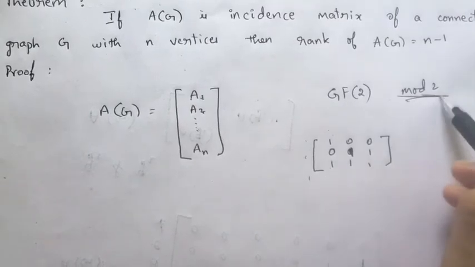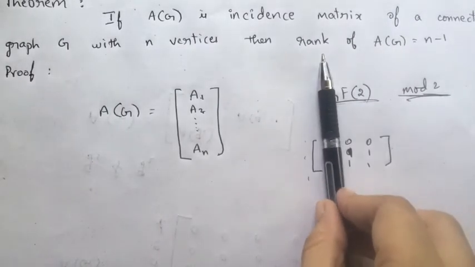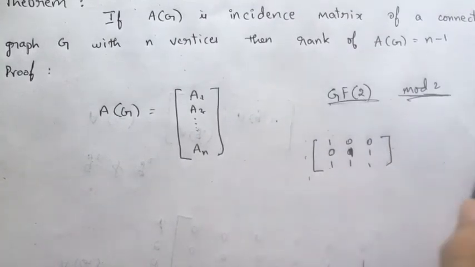But since I'm defining over modulo 2, the sum of the entries becomes 0. Therefore these vectors are linearly dependent.